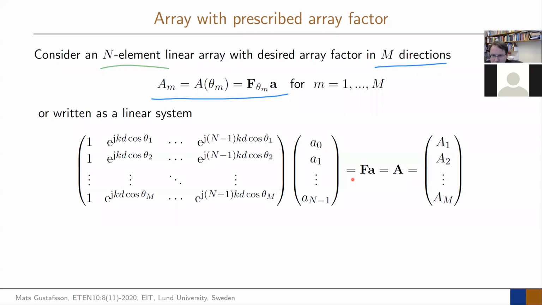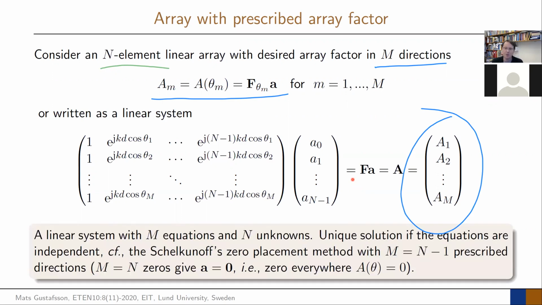And if I do that, it means that this is basically a linear system, because all of those multiply my coefficients and they are equal on the right to what I would like to have. And of course, now if this is a square matrix, so equal number of n elements and m directions, I could just invert the matrix and it will tell me what my coefficients are.